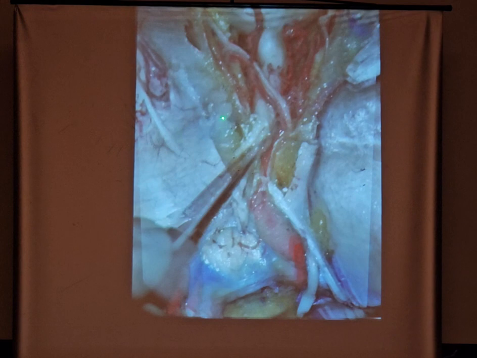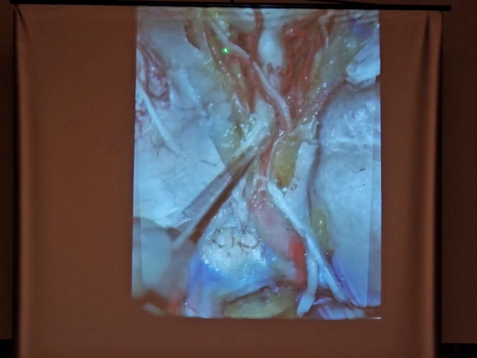Then we have the intraorbital part with three parts. First, the first portion is a straight continuation of the intracanalicular part. The second part is where the artery crosses above or under the optic nerve, above in 70% and under in 30%.